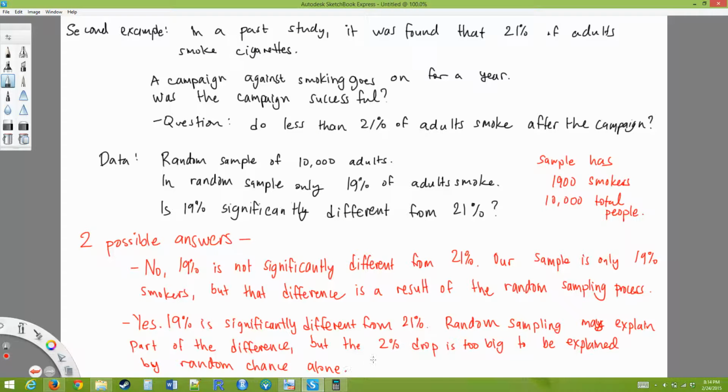Okay, so the proportion or the percent that smoke in the population is less than 21%. That's the other possible explanation. And those are pretty much the only two possible outcomes.